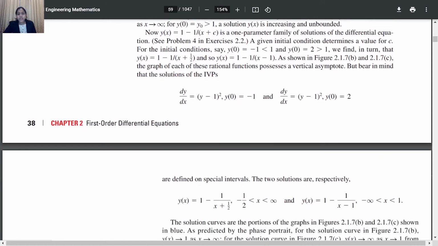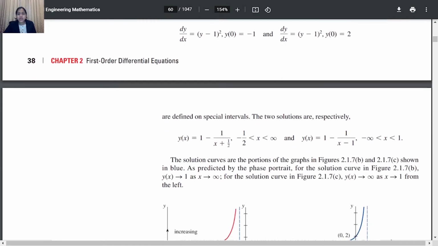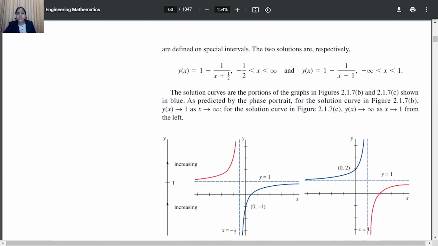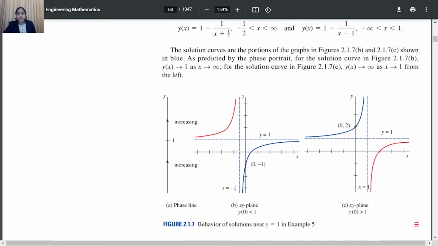Now the solution curves are given here. You can see in figure 2.1.7b that y of x will tend to 1; it will approach 1 as x is moving positively. And in 2.1.7c, you can see that y of x tends to infinity as x approaches 1.